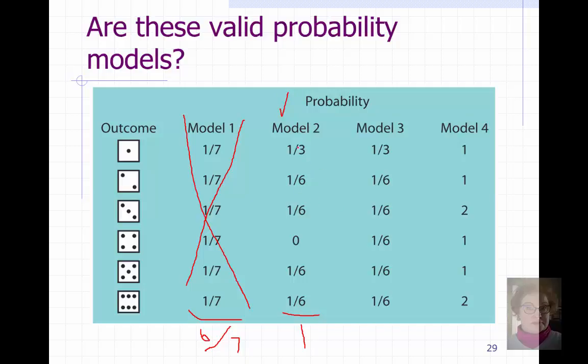Now, this model also tells me this is not a fair die because the face with the 4 has been weighted in some way, so that is always going to be down.